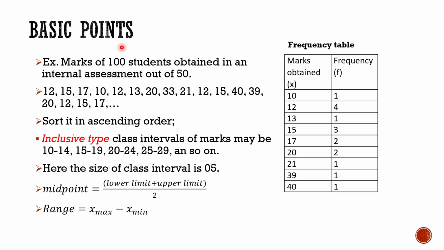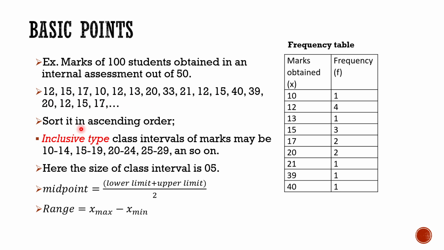So before going ahead, we'll have to see some basic points. We'll have to get it by an example. Suppose we have marks of 100 students obtained in an internal assessment, and that is out of 50. We can write 50 students' marks like this, but we have no meaningful idea if we write it like this.